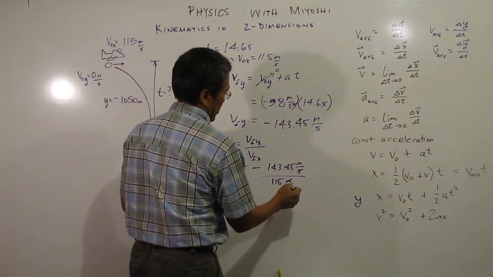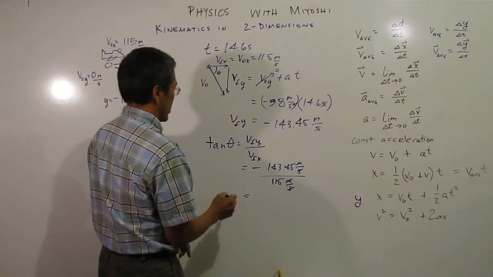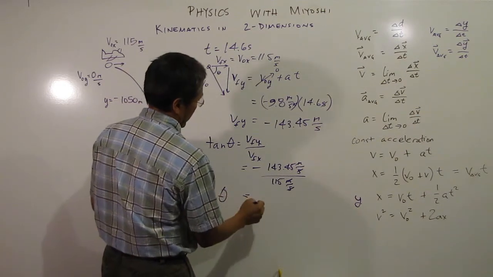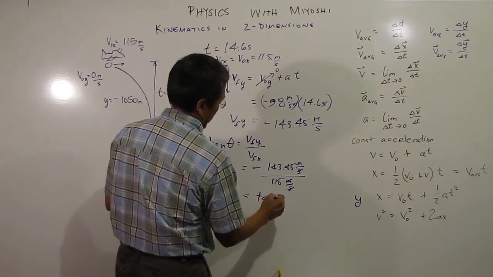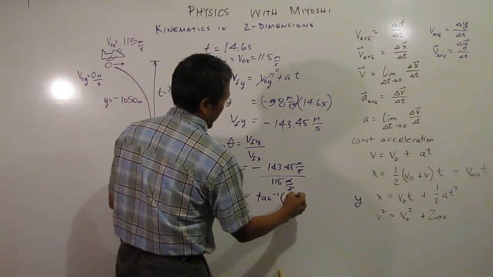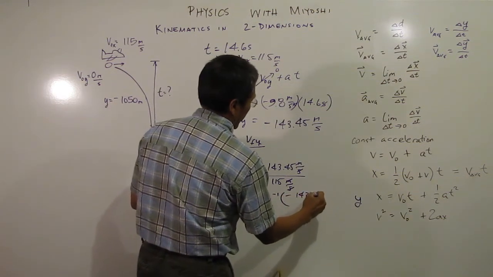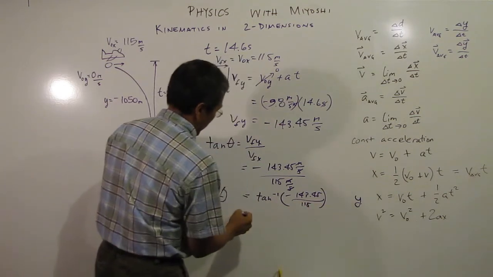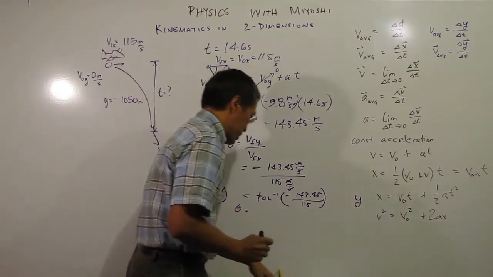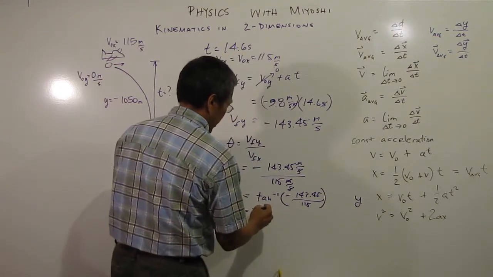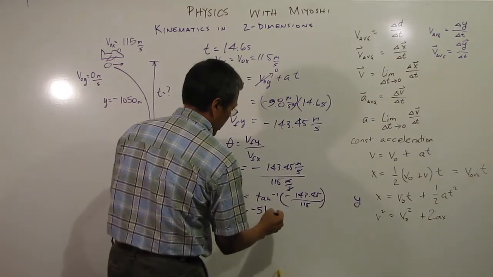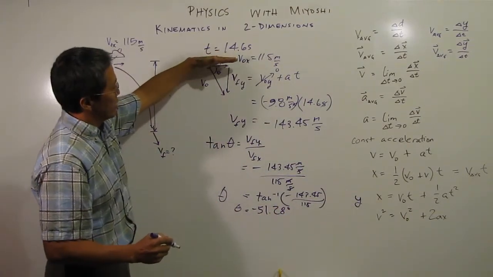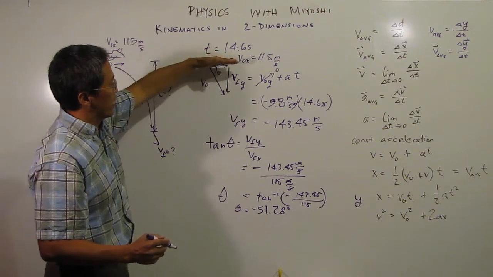The meters per second divides out. So theta is the tangent to the negative 1, or arctangent, of negative 143.45 divided by 115. And that theta then will be negative 51.28 degrees. The negative, of course, means that it's coming south of east, if you will, or south of the horizontal.